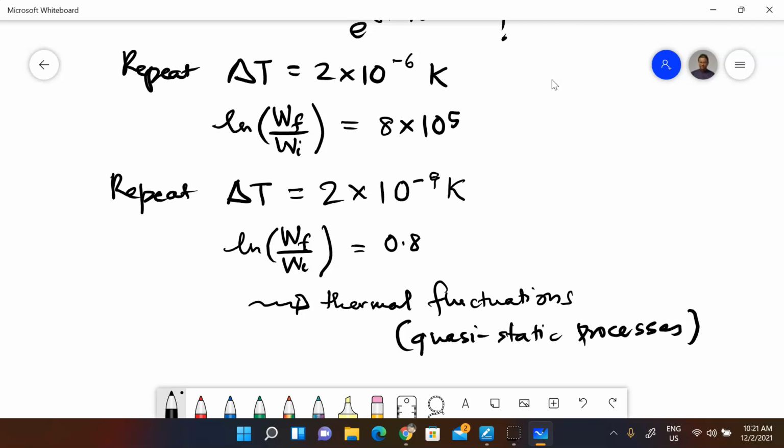In this particular case, you can return back to the initial temperature condition. So that is the end of chapter 4.